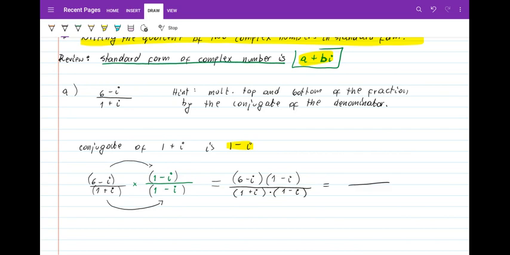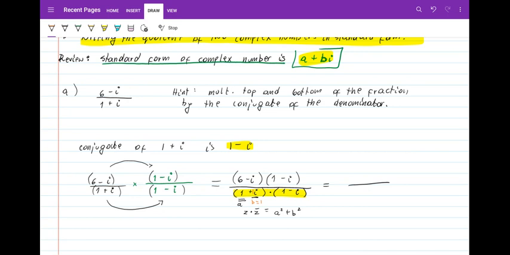I'm going to take care of multiplying the denominators first because we have a complex number times its conjugate, which is a squared plus b squared. In our case, a is 1, and b is the coefficient of i, which is 1.